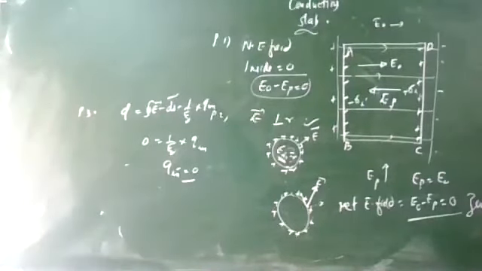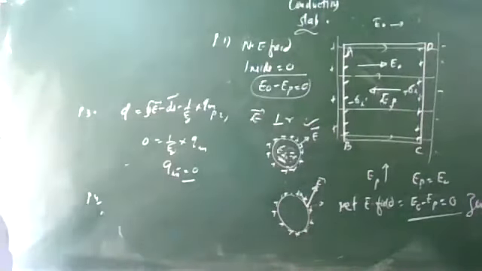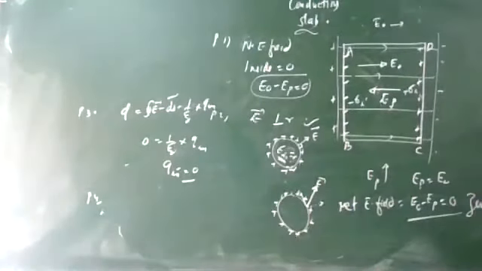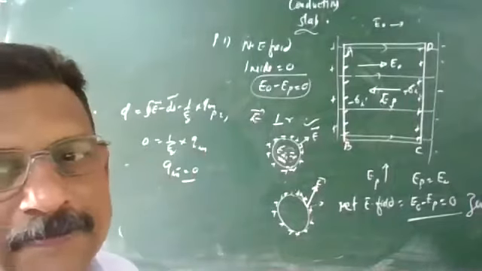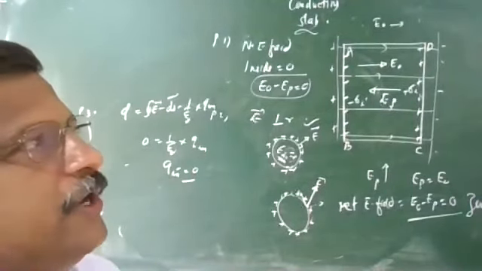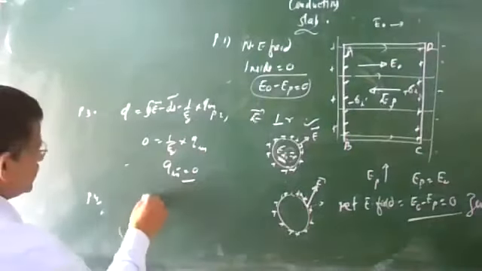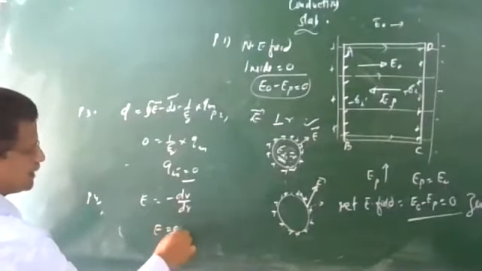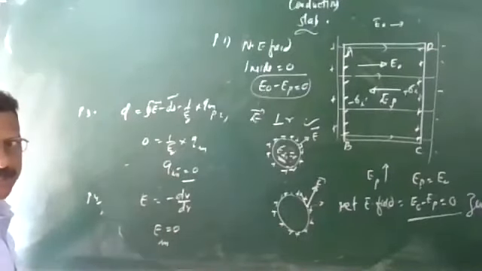Property number 4: if the electric field inside is 0, what about the potential? Can you tell me the relation between the electric field and potential? Anyone? Quickly. The electric field is equal to the negative gradient of potential, minus dV by dr. The electric field is 0 inside the conductor, if it is charged or placed in an external field.